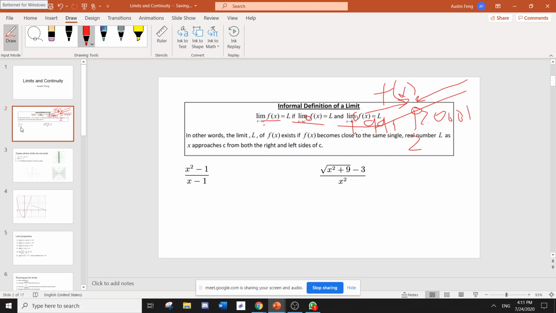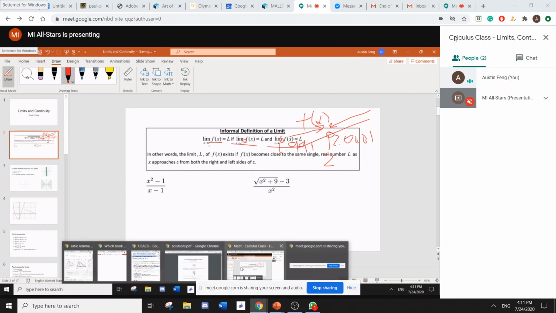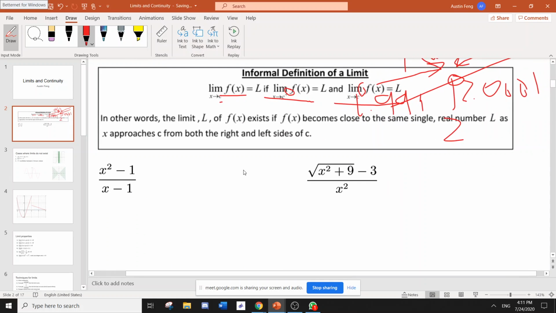So we have two problems here, and I'll walk through how to solve them. We see that when we plug in x equal to 1 for the limit, we get 0 over 0, and in calculus we call this indeterminate.